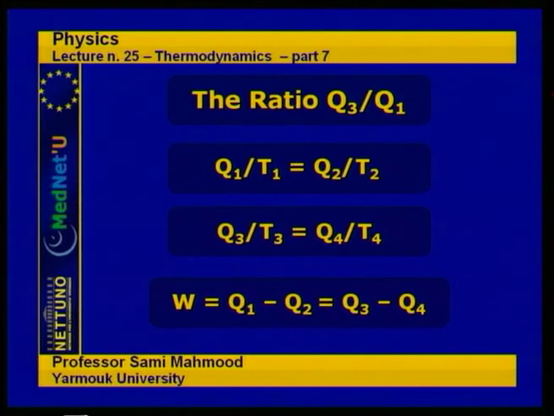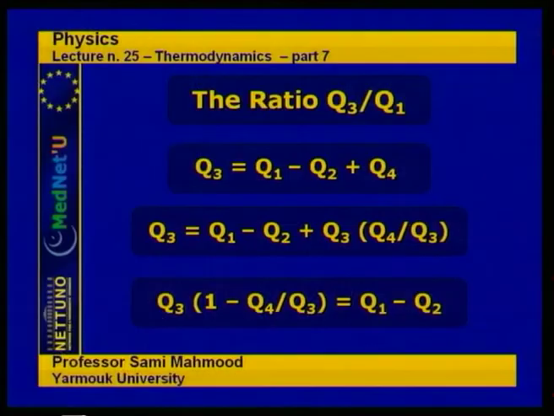This same amount of work is equal to Q3 minus Q4. So these are known quantities, and now we move on to the solution of the problem, and we rearrange the terms, and we obtain Q3 is equal to Q1 minus Q2 plus Q4.